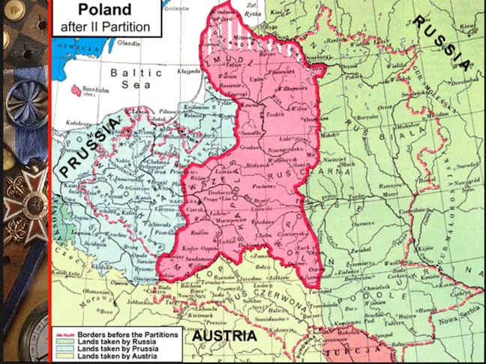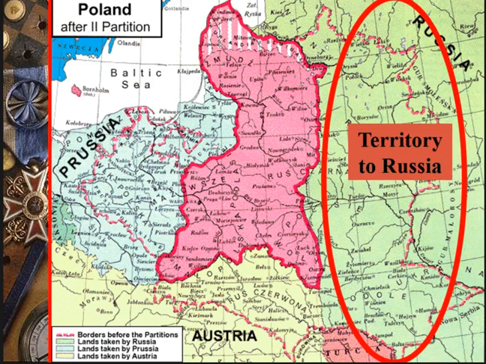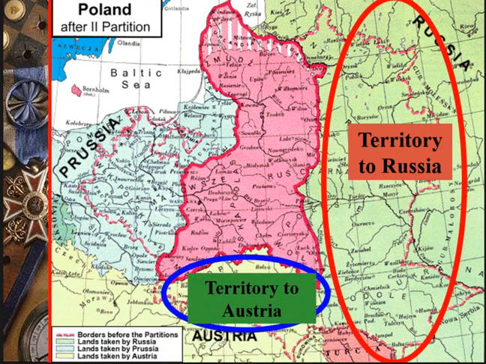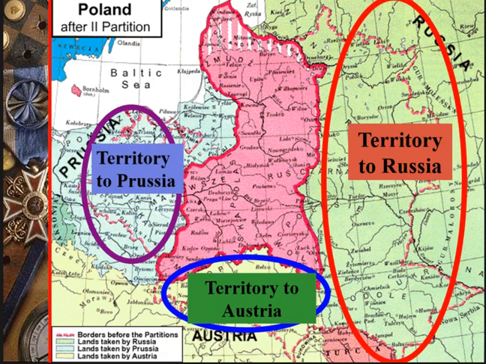And you see Prussia to the left, and Russia to the right, and Austria at the bottom to the south. So here's what happens. This chunk of Poland goes to Russia. This chunk goes to Austria. This chunk goes to Prussia.